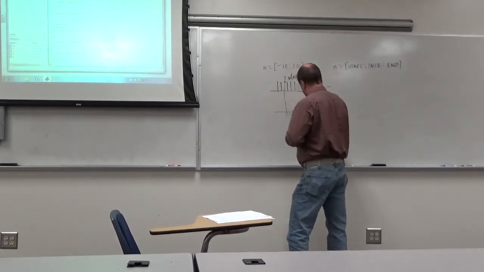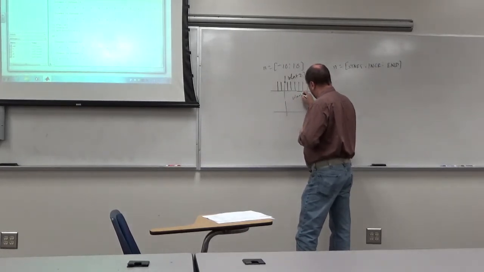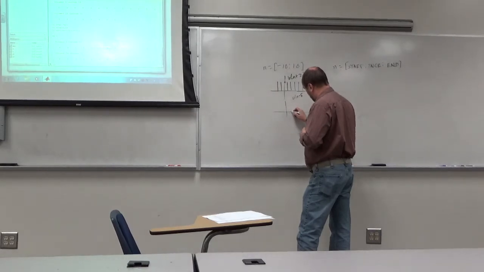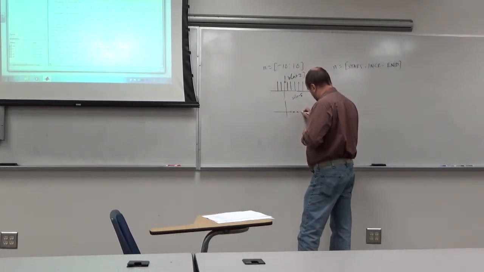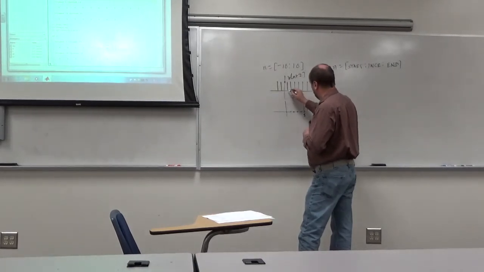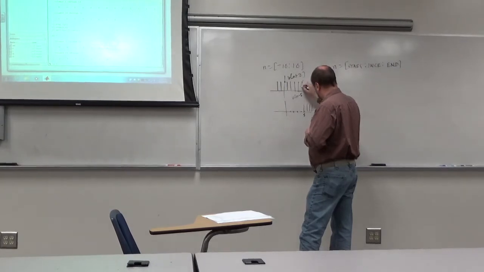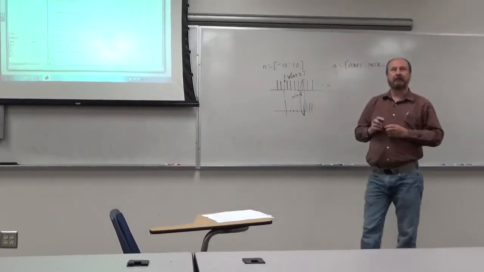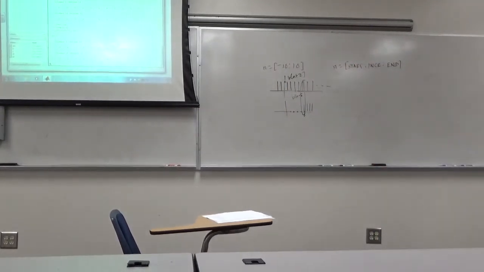Right. U of n minus 5 goes 0, 0, 1, 2, 3, 4. Jumps up at 5. Goes on. So 1, 2, 3, 4. Right there. Okay. Drops back down. Okay. Yeah, I totally understand. I've been through this many times. Went through it myself.